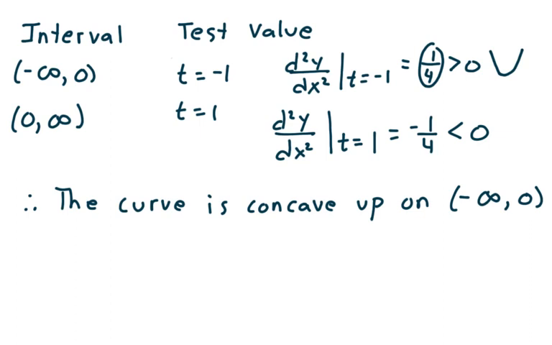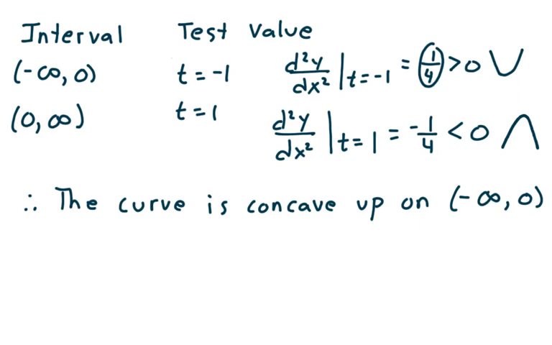But you're still not off the hook because we still should test 0 to infinity to be complete. And we're going to test t equal to 1. The second derivative of y with respect to x evaluated at t equal 1 is negative 1/4, which is less than 0. So on this one, you want to think concave down because we got a negative number, and hence concave down on the interval 0 to infinity.